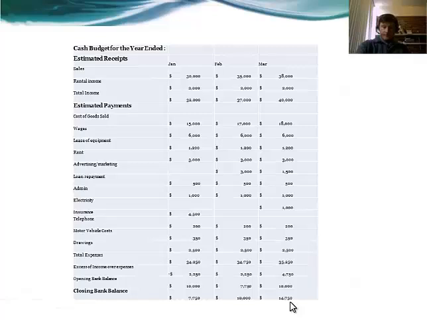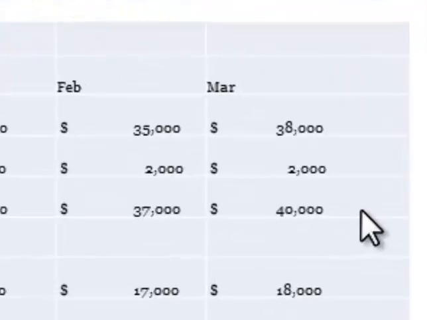As these are estimated figures, what businesses do, they then compare actual against estimated and do an analysis. And if the variances from any of these months is more than 10%, then they must be investigated and explained, why there was such a big deviation.